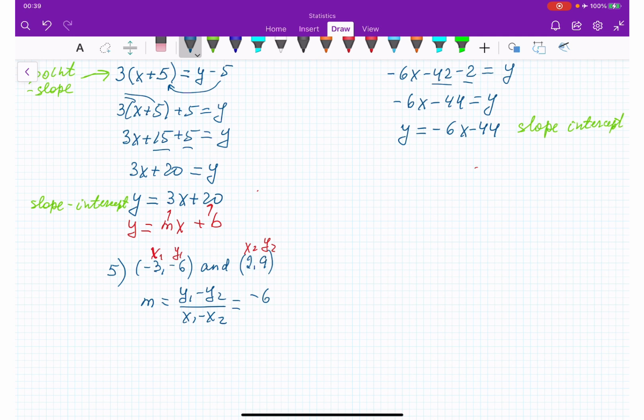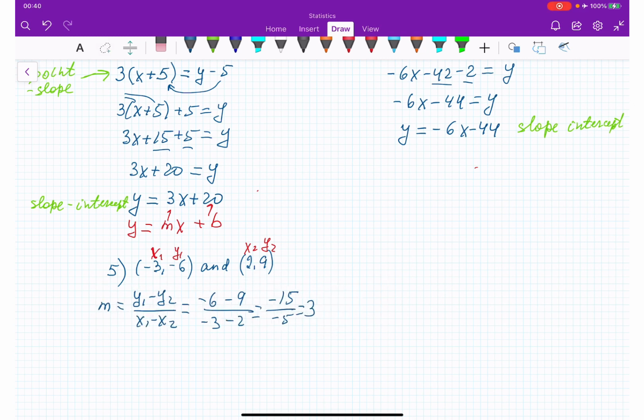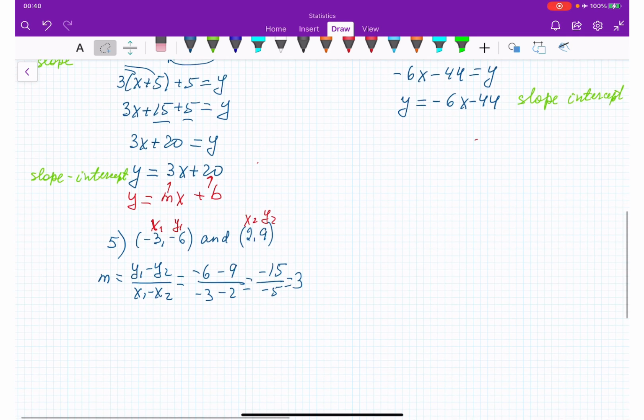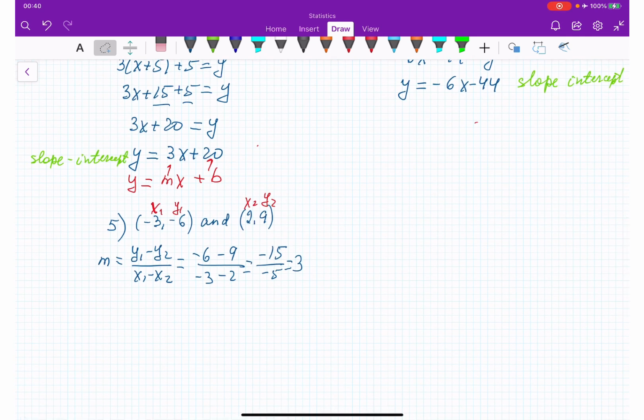Negative 6 minus 9 over negative 3 minus 2. Result is negative 15 over negative 5. The answer is 3. Okay, so slope is, we got 3.